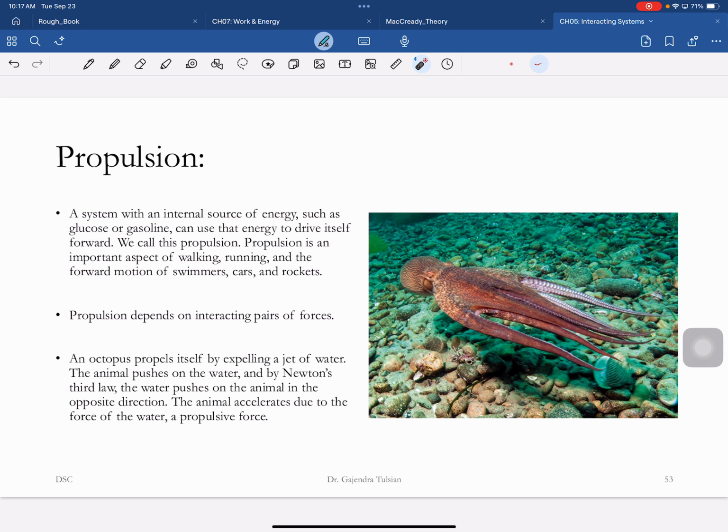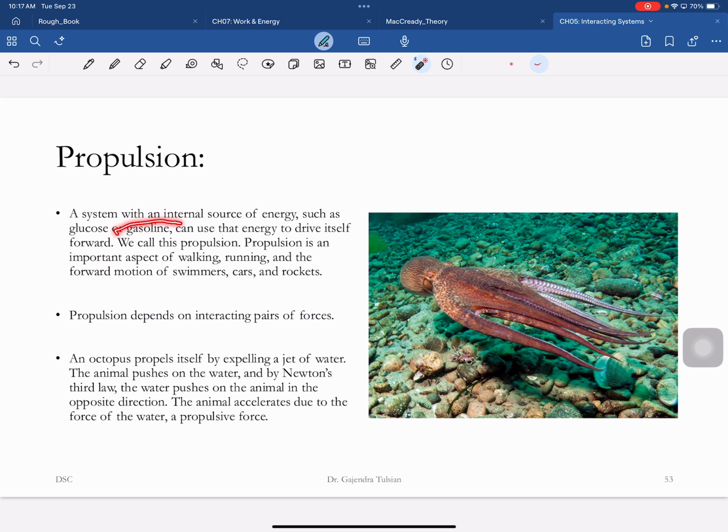It pushes backwards with its arms, which cause it to move forward. Actually, what happens is it squirts water out. It's like a rocket. Okay? Okay, that's what I meant. Okay, well, so it squirts out water, and the reaction force is the propulsion.